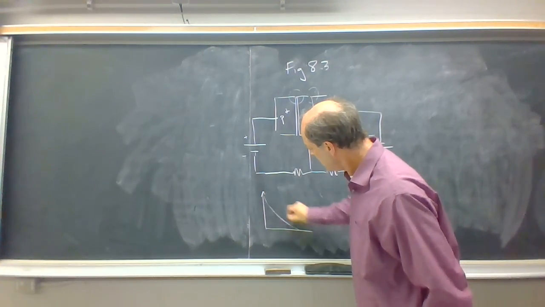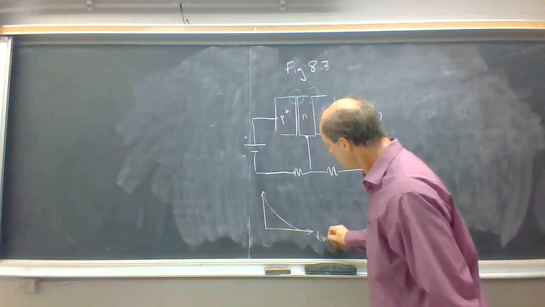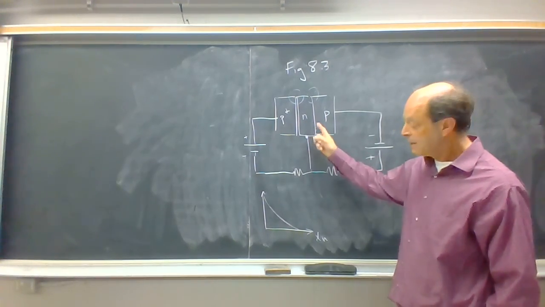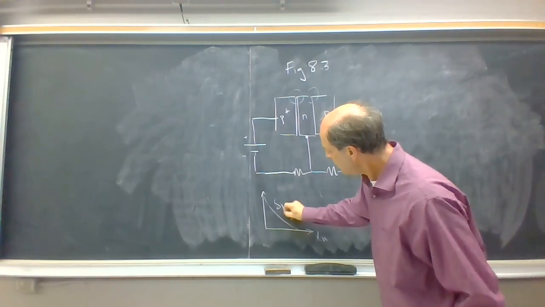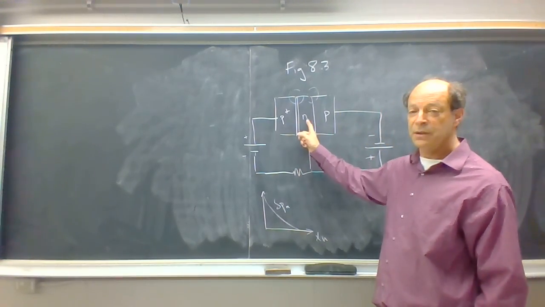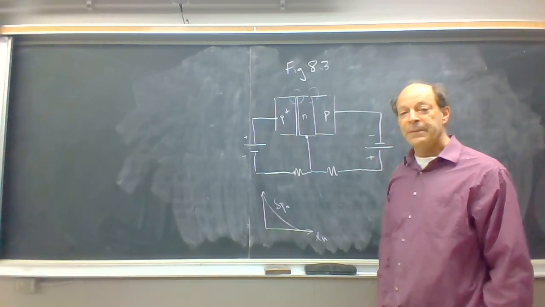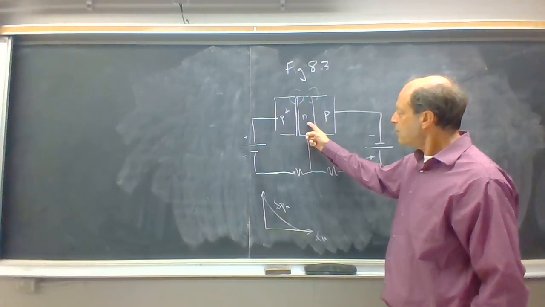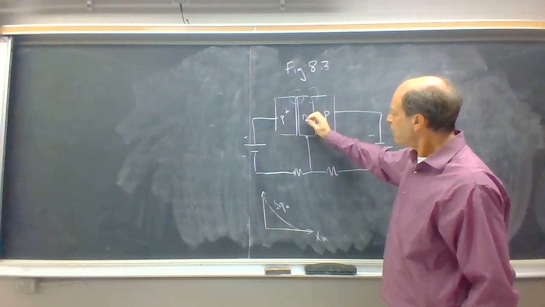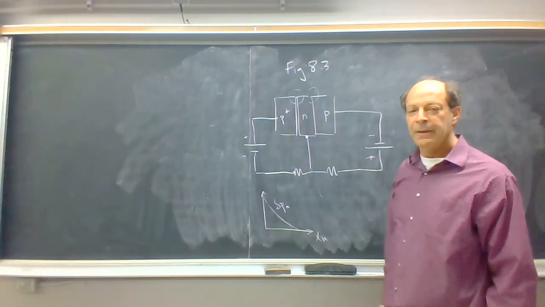This is X sub N. So now I'm looking at the penetration depth within this N region, and this is delta P sub N, the injection of holes from this P plus region into the N region. Those excess holes will now show up at the reverse bias junction here.